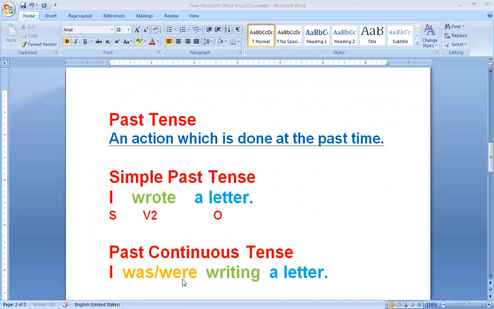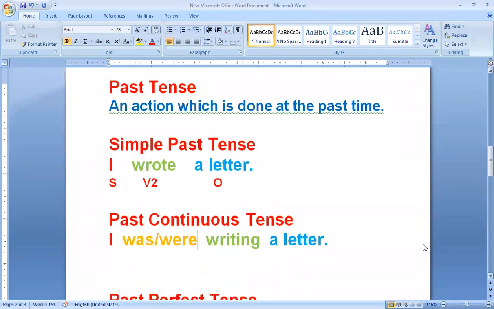Now I was writing a letter and we were writing a letter. When actions were going on in the past time, to express such actions, we use past continuous tense.